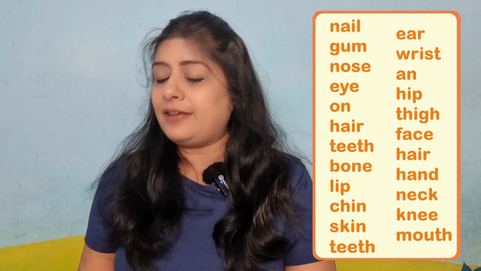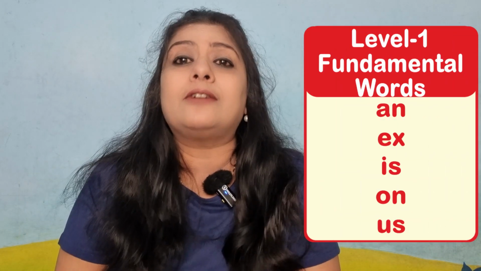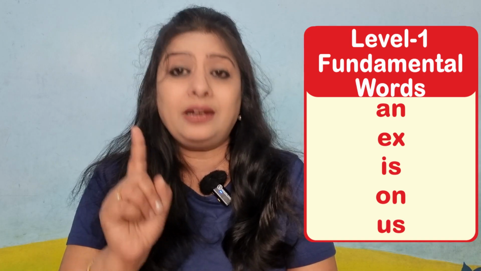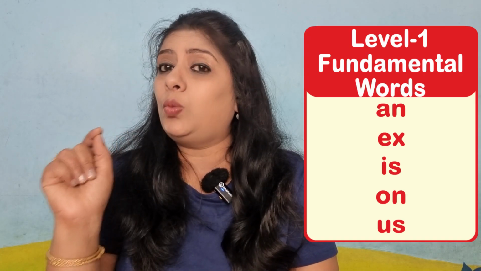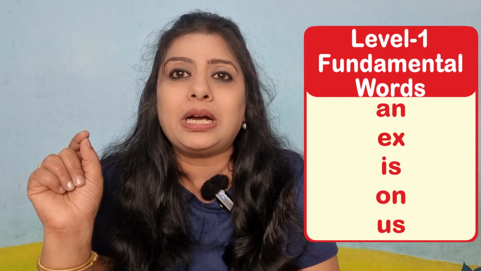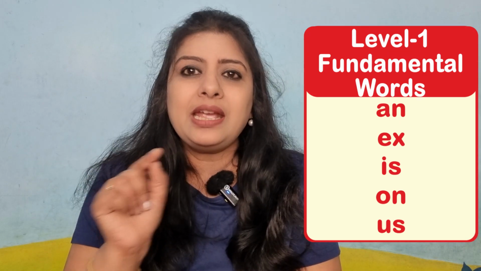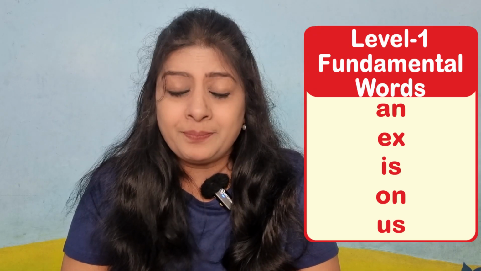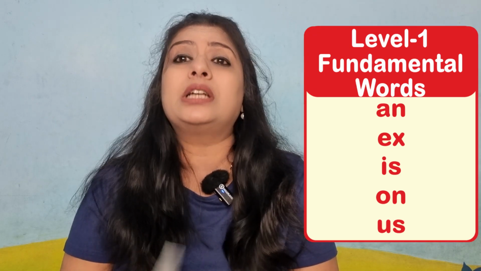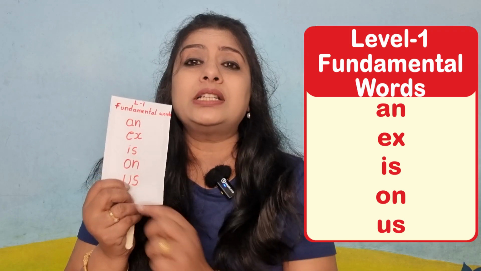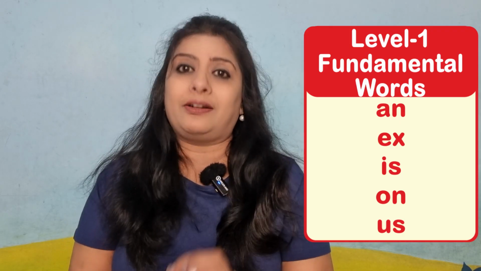So the first level of words that you are seeing here, these are 2-letter fundamental words. Level 1, 2-letter fundamental words, and when I say 2-letter words, it is not words like me, we, be, he, never. So what are fundamental words? Fundamental words are words which begin with the vowel sound.